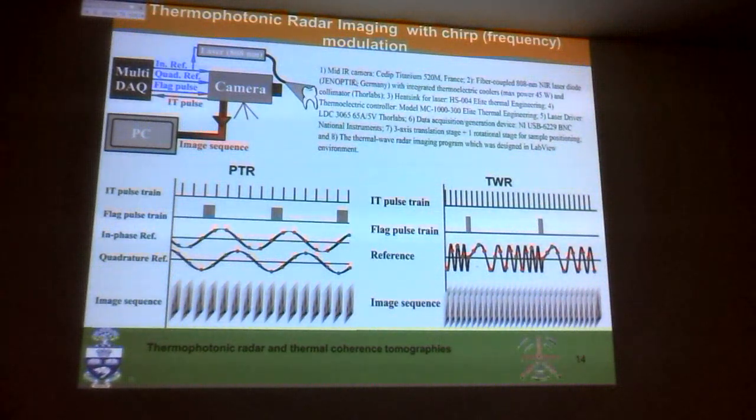Once you reconstruct the wave, you construct the amplitude and the phase delay of the wave, the phase lag. So that's how you get an image. Essentially a camera with 300 by 300 pixels is worth about 10,000 lock-in amplifiers working together at the same time, because it does the lock-in detection by producing an amplitude and a phase based on these sampling times.